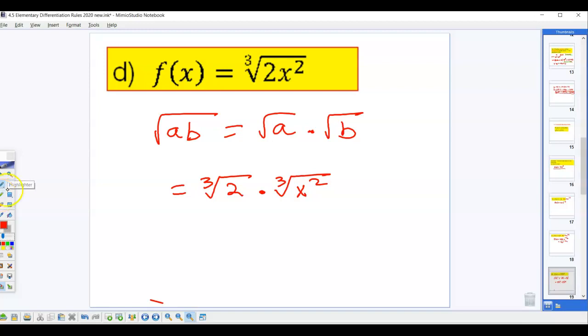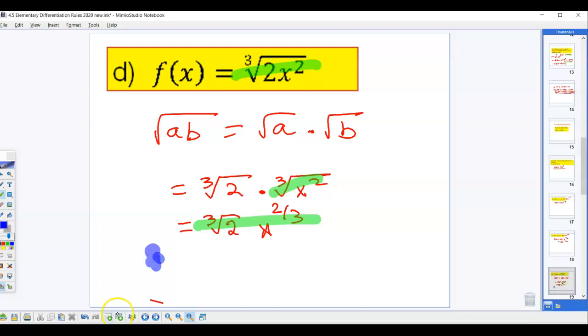Now, it's only the term that has the variable in it that I have to concern myself with in regards to writing as a fractional exponent. The cube root of 2 is just a coefficient. And now I'm going to change this to become x raised to the 2/3. So this expression right here is the same thing as that expression right there, just written in a different form. Now I have it in a derivative-friendly form.